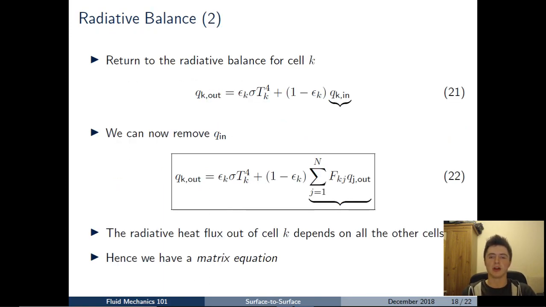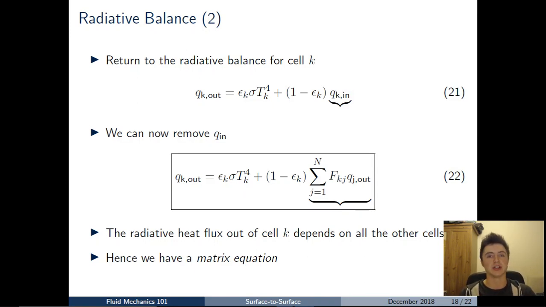In equation 21, we take that radiative heat flux per unit area on the right hand side, given by the underbrace, and we substitute in the summation over the view factors and the radiative heat flux out of those cells. That gives us equation 22, which is our final radiative balance equation that we were looking for.